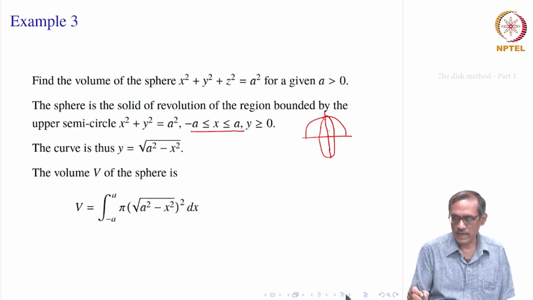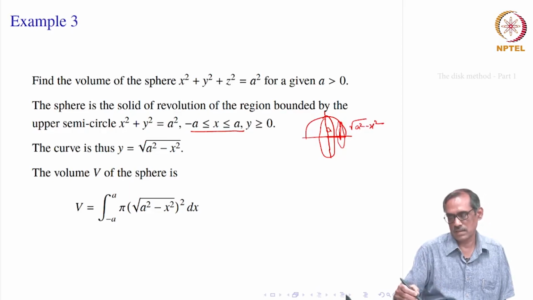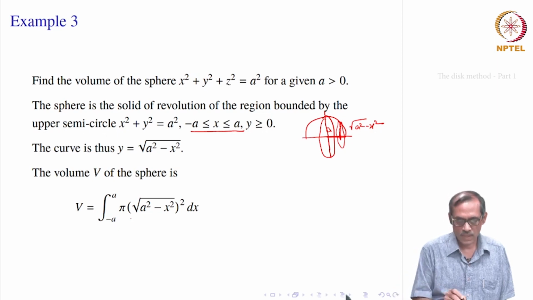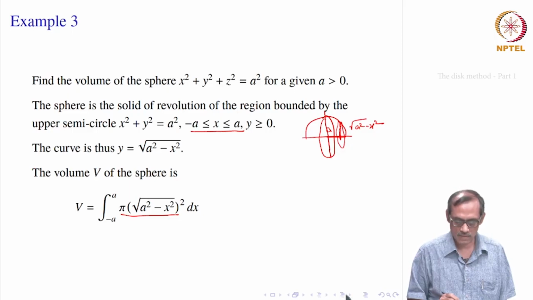That disc again has the same radius a, but it is at any point x, not in the middle. If it is at any point x, something like this, so this is x, then its radius will be this y component, which is square root of a square minus x square. So, the cross sectional area of the disc so generated is pi into (square root of a square minus x square) whole square.